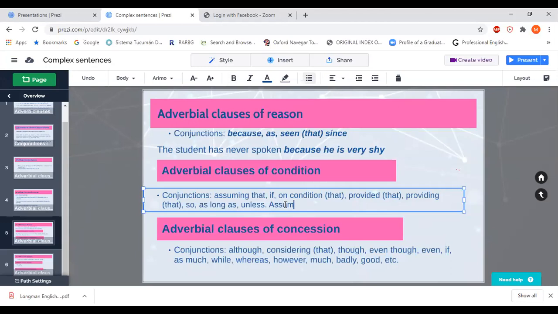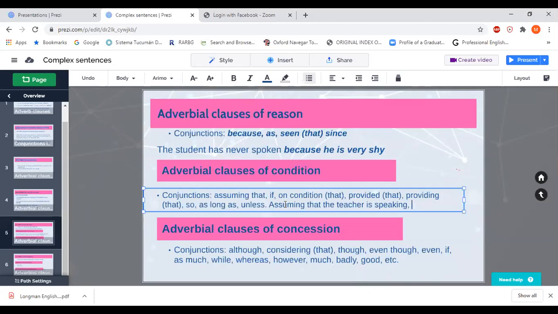Assuming that the teacher is talking or speaking, did you say? Speaking. Assuming that the teacher is speaking, this will be the condition, okay? What will be the result? Students have to talk or answer.